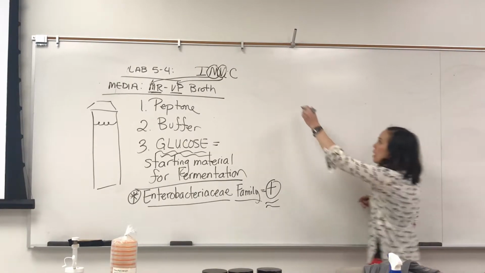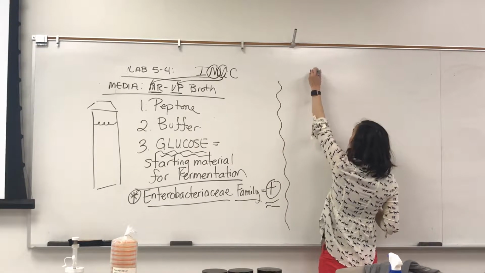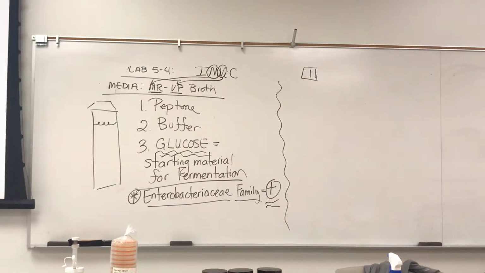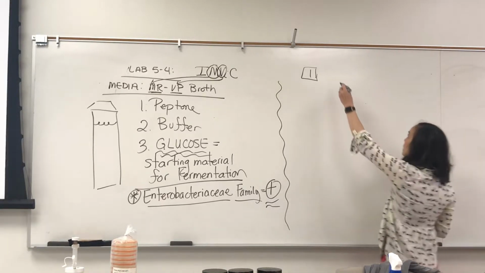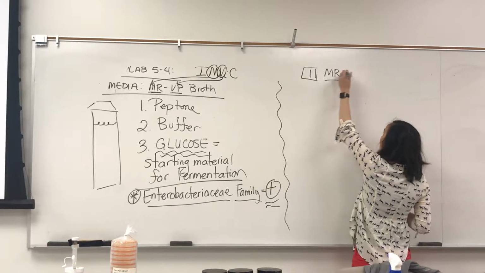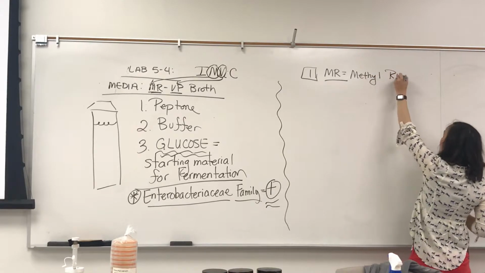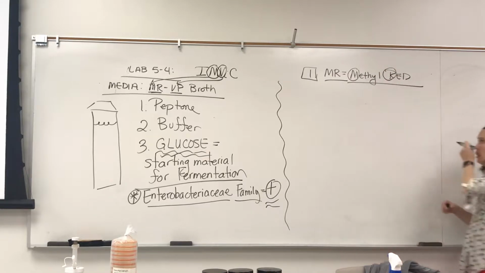So let's break down the experiments as part 1, part 2. Kind of similar to the nitrate, but it's not going to be as complicated as the nitrate. So part 1, you guys are going to do the MR test first. MR stands for methyl red. So that's what the M and the R stand for.